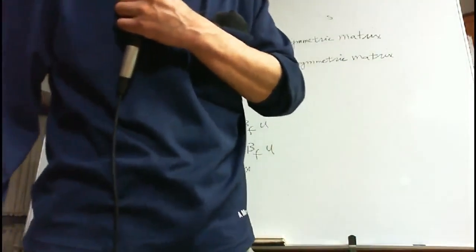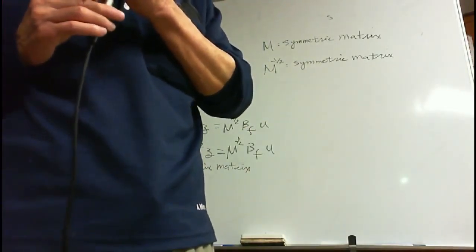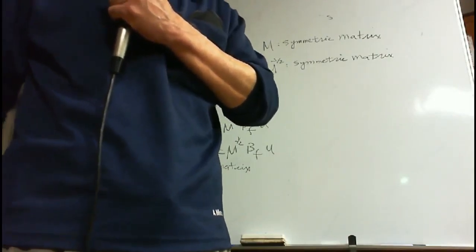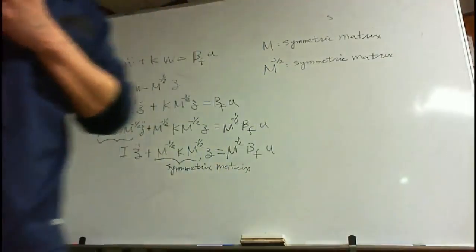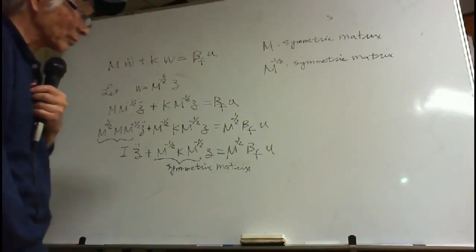So how can I make a matrix to the half? A scalar M to the half is easy, right? Just the square root. The matrix half is also easy to solve if you really like to know how to do it.